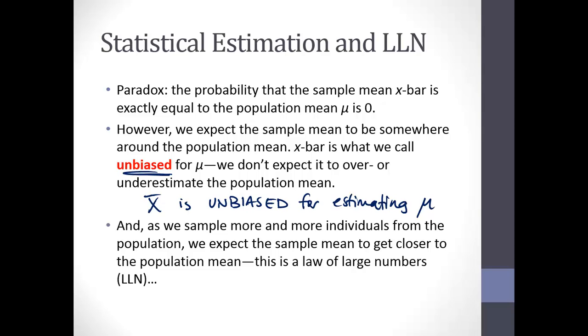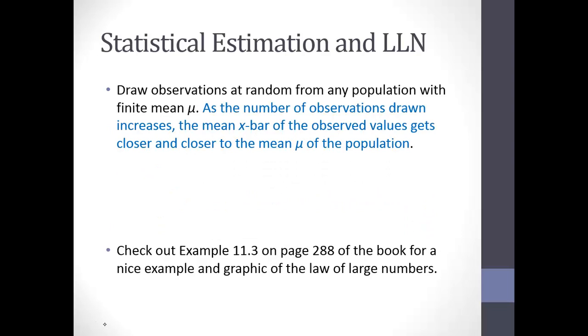That's the same idea. As our sample gets bigger and bigger, we would expect our estimate to get better and better. As we take more individuals from the population, we would expect the sample mean to get closer and closer. In general it should be close, but the estimate will get better if we have more people in our sample. And this is what we mean by the law of large numbers.